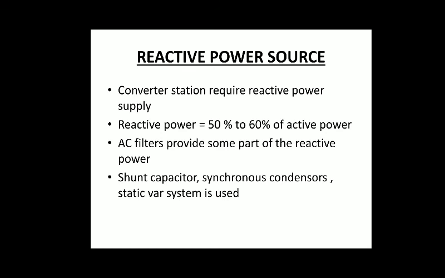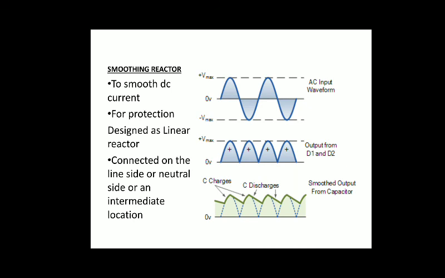The AC filter contains inductors, capacitors, etc., and it supplies some part of the reactive power. Next we have shunt capacitors, synchronous condensers, and static VAR systems, which also supply reactive power. So these are the sources of reactive power in an HVDC power system.